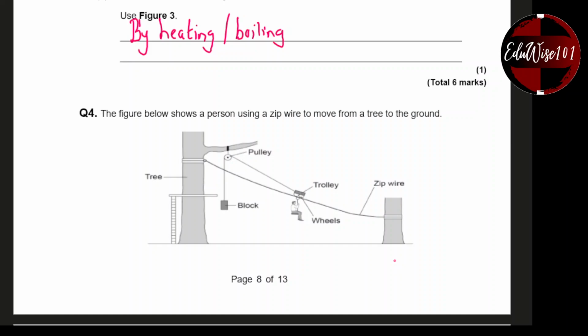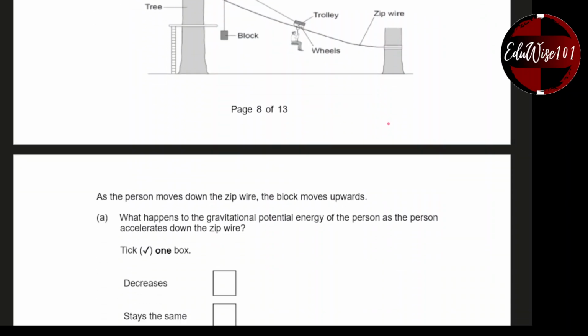Question 4. The figure below shows a person using a zip wire to move from a tree to the ground. As the person moves down the zip wire, the block moves upwards. So as the person is moving this way, this block is actually moving up because they're tied to this. As the person is moving, it's pulling on the string to move the block up.